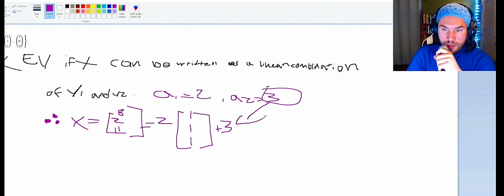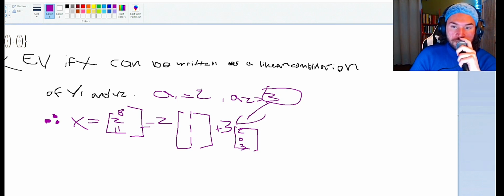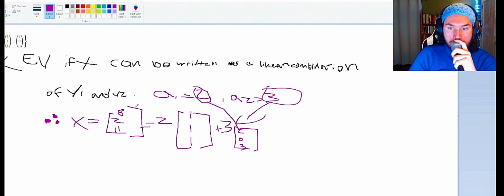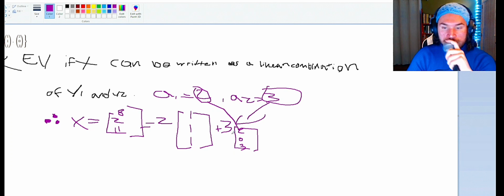So we got 3. Two, 0, 3. And you may be asking, where did we get the 2 from here? The 0 is understood. It's understood that it's always there.